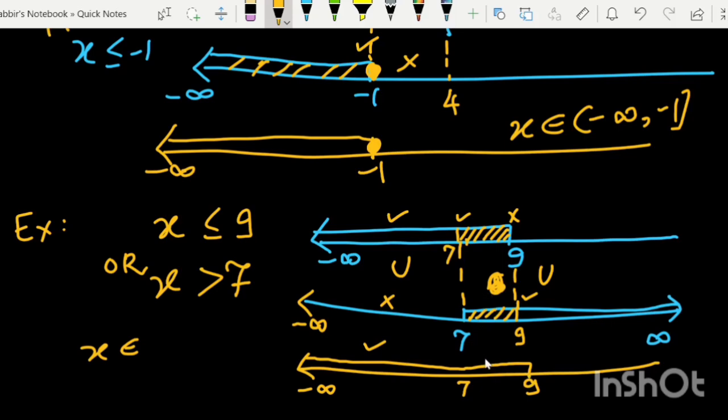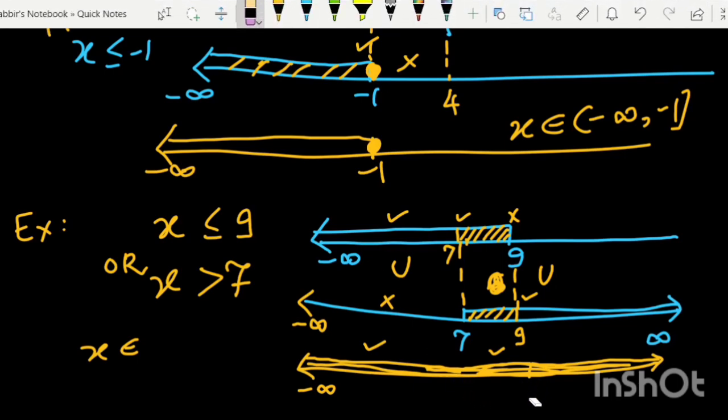So 7 is a part of this, it's not a part of this, so 7 also is there. So minus infinity to 9 we will take. Since 9 is a part of this, that we will take. And now from 9 to infinity also we will take, so it will be the entire number line guys.